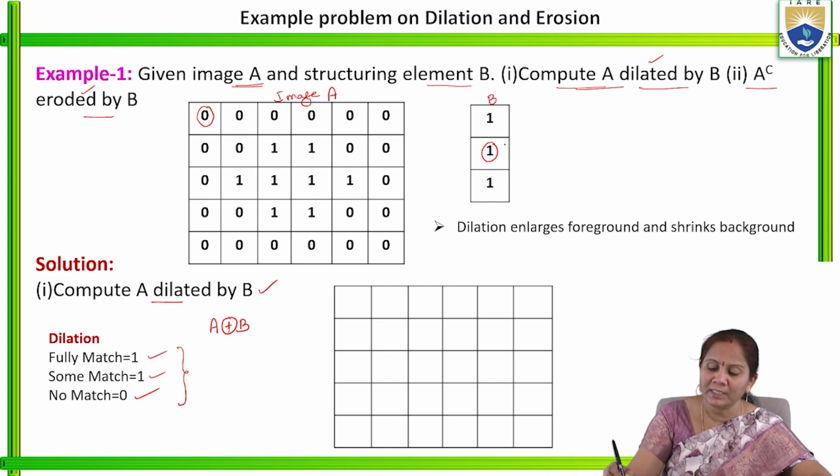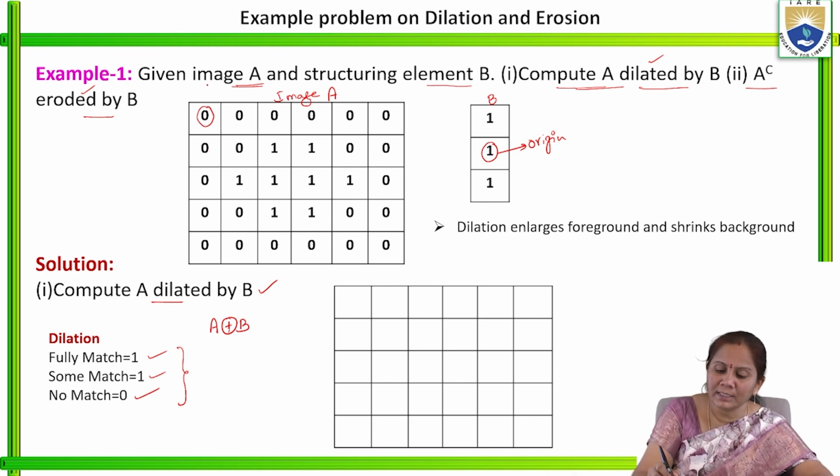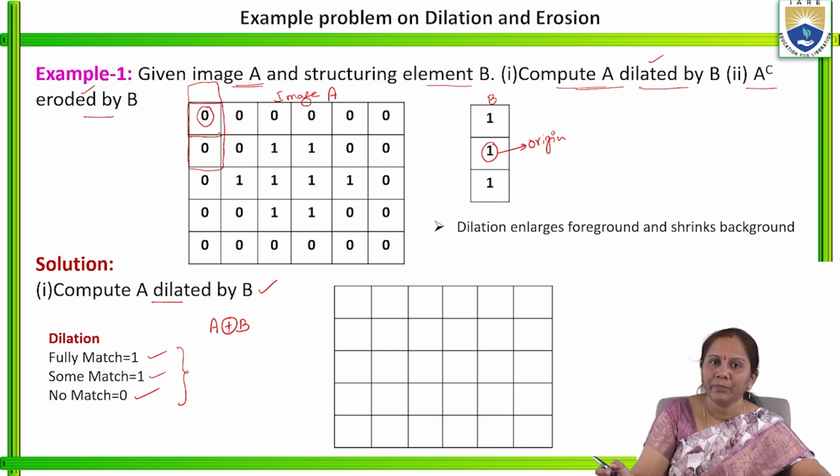Here, let us place this structuring element such that this center, called the origin, is placed on the pixel we need to find. So the structuring element will be placed like this, where this 1 will be on this origin. So 1, 1, 1 is the value.